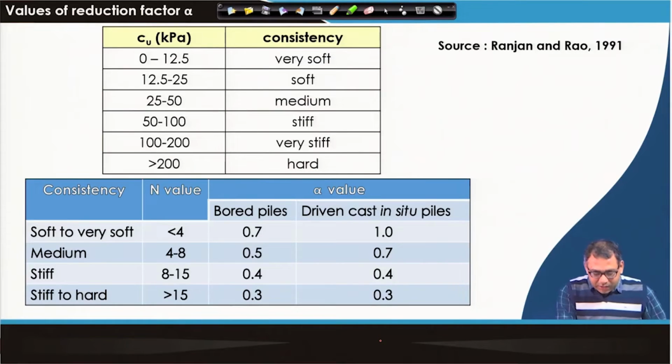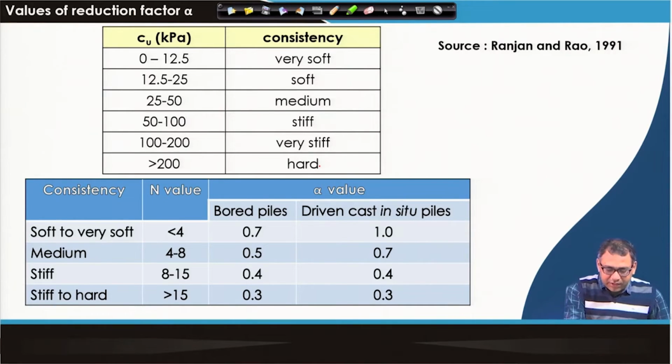Again, how we will calculate the adhesion factor, the value is given here. For soft to very soft soil, the adhesion factor for bored pile is 0.7 and for driven pile is 1. For stiff to hard soil, the bored pile is 0.9 and for driven pile also, for bored pile the value of alpha is 0.3, for driven pile also it is 0.3.